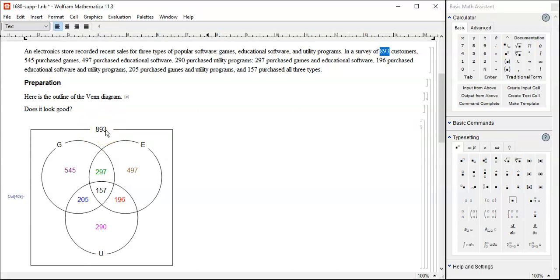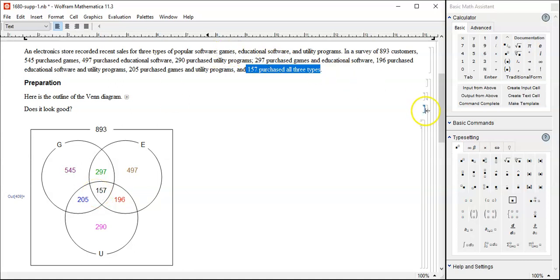The second is not as obvious, but still it's easy to see. What's the other correct number? It's this one, 157. 157 purchased all three types. So right in the middle, covered by all the circles, inside G, inside E, inside U. So that's the starting point.